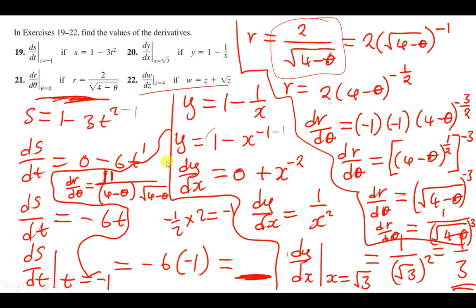This is the other way you can simplify this expression.